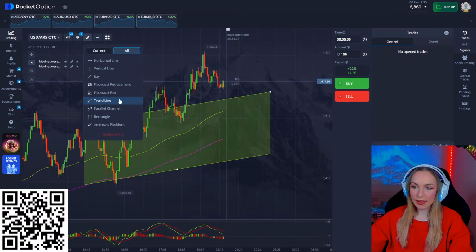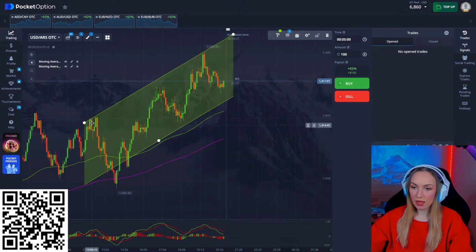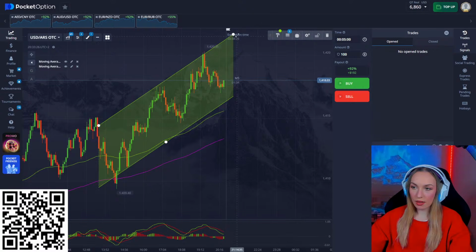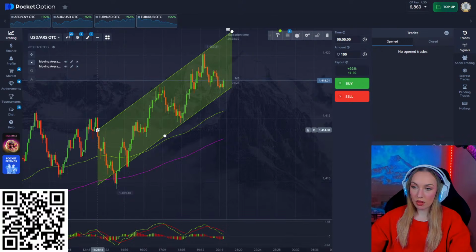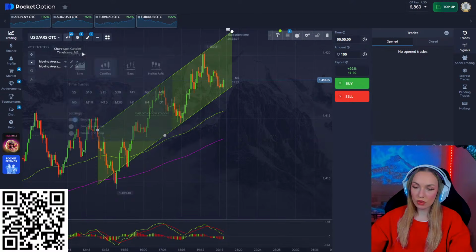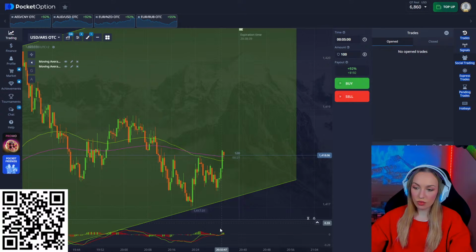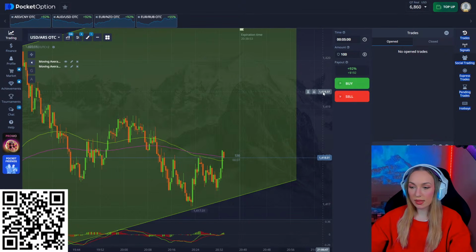USD ARS looks like an upward parallel channel here. And maybe we can take advantage of it because it's right on the support. So the signal has already formed. 8:47 was the signal, 8:57, so also 5 minutes and up.